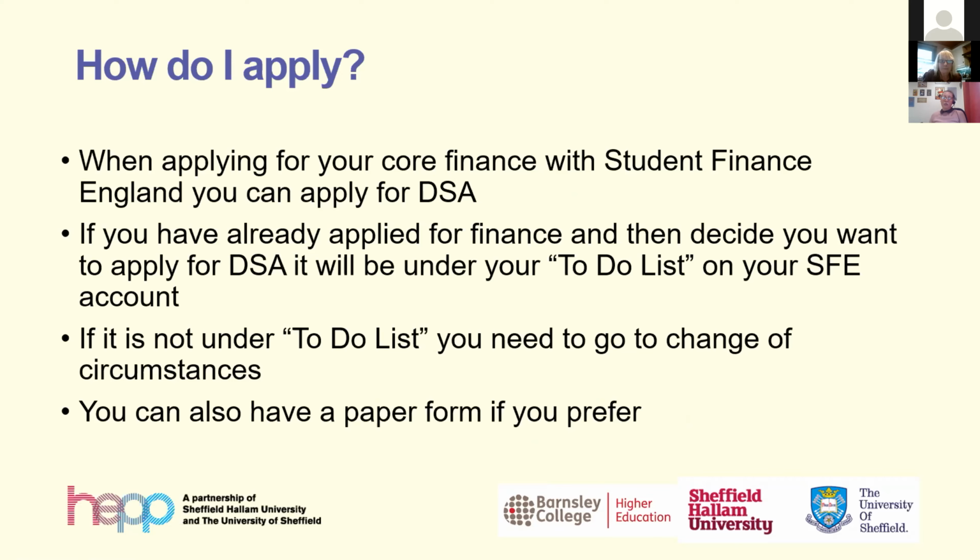If you are studying part-time or at postgraduate level, then you will need to download a paper form because at the minute they're not doing online applications for those courses. But if you're a full-time undergraduate student and you're applying for your core finance through Student Finance England, then the easiest and best way to apply is on your finance portal that you get for student finance.